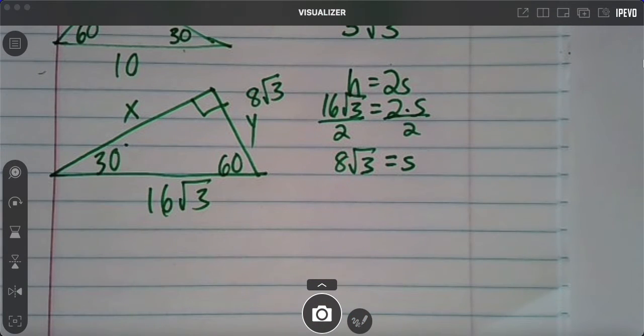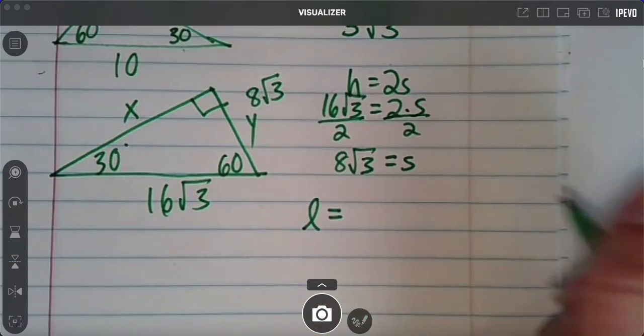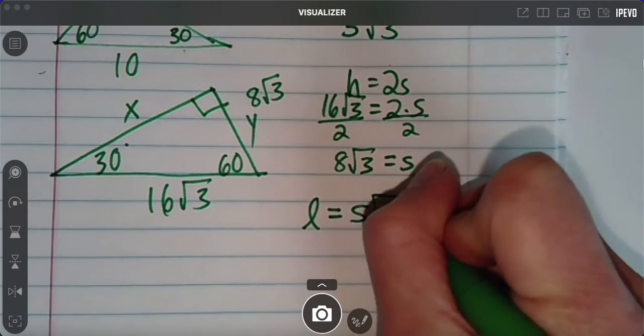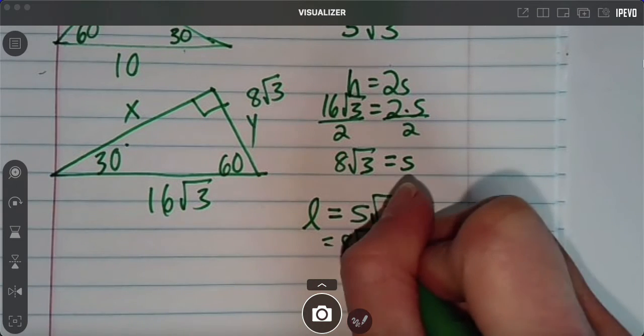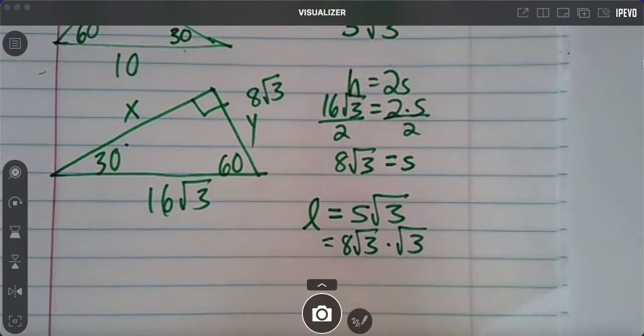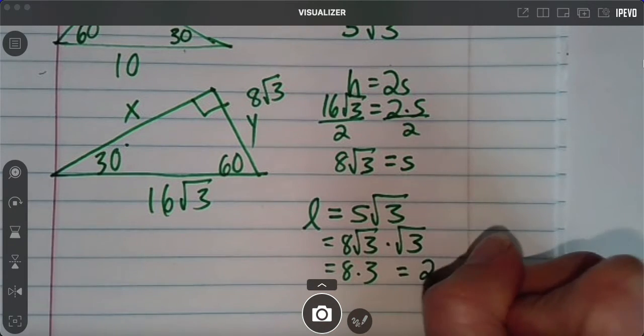Now how do I find the long leg? What does that formula say? The long leg is short leg times the square root of 3. What's my short leg? 8 square root of 3 times the square root of 3. What's that going to be? 8 times 3, which is what? 24.